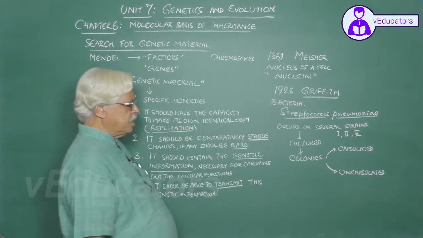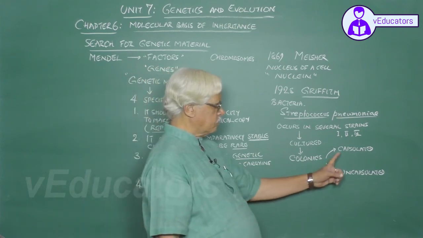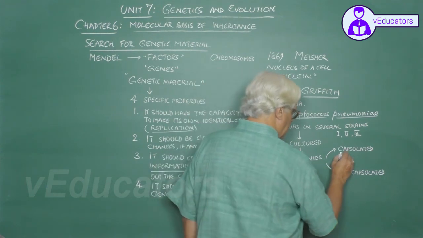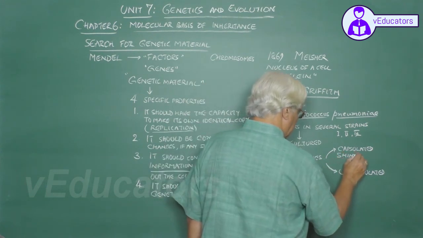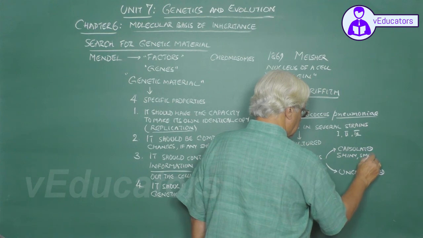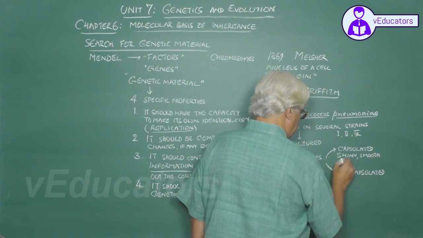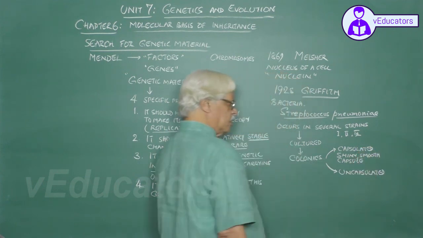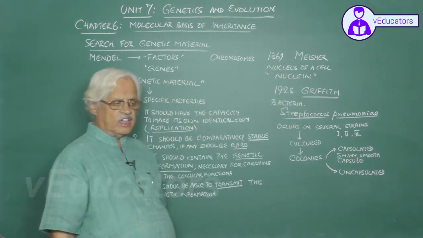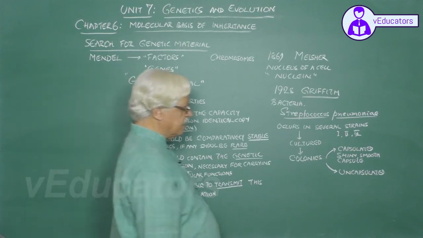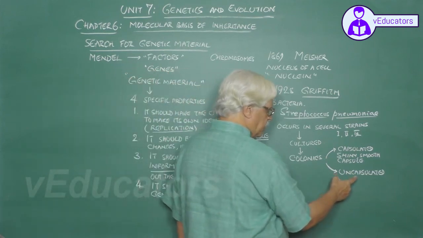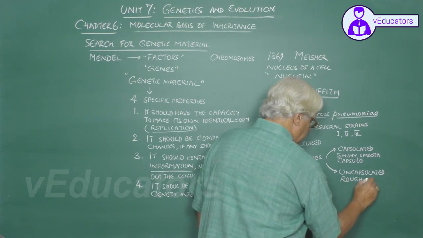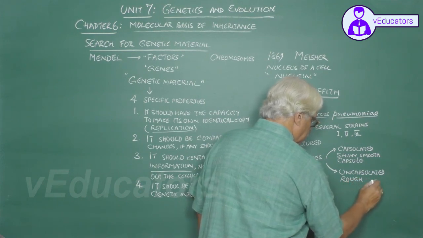The capsulated bacterial cells developed a shiny, smooth capsule made up of a particular polysaccharide, whereas the uncapsulated bacteria had a rough covering.